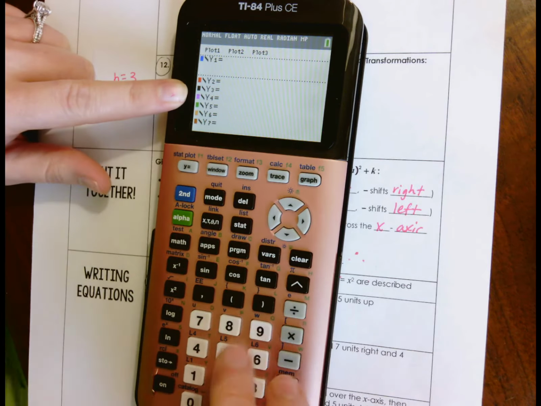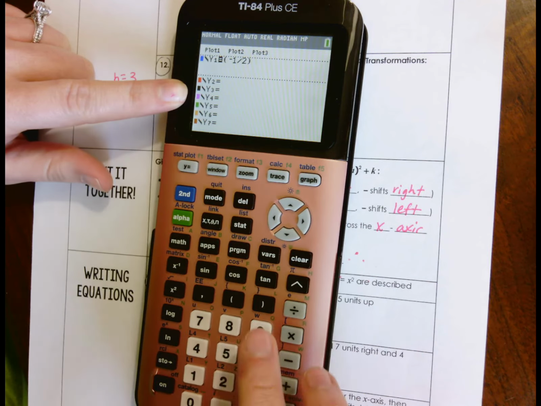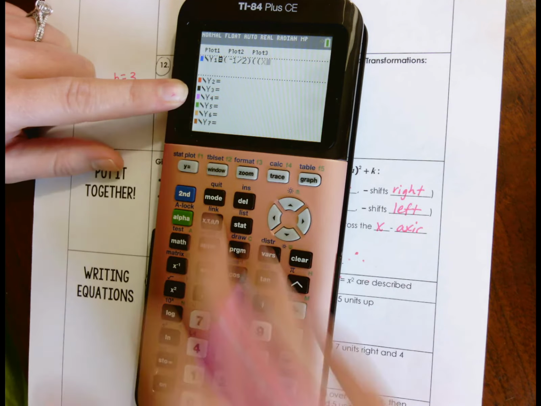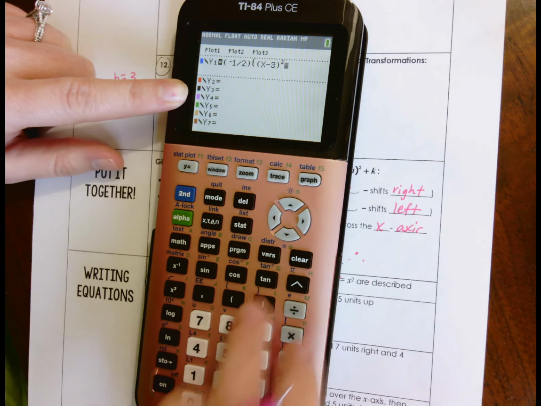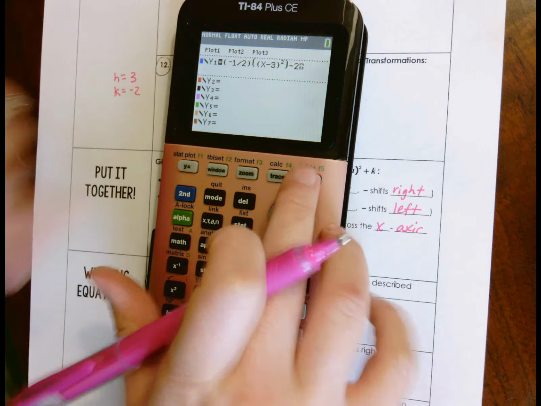I have deleted the whole thing again. I'm so sorry, guys. Bear with me. It's hard to do it. I had it turned sideways. So we have x minus 3 squared, and then we have -2. Alright, so now I think I've got it.